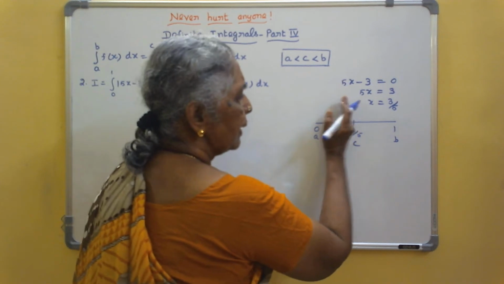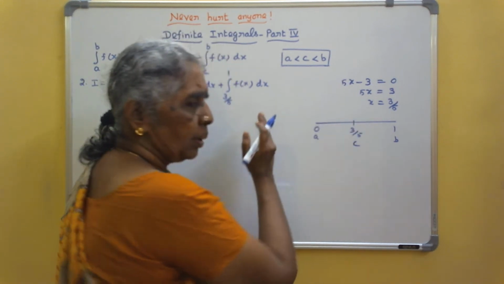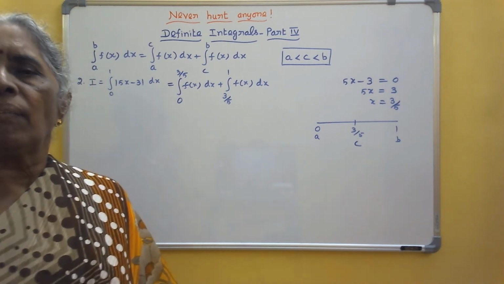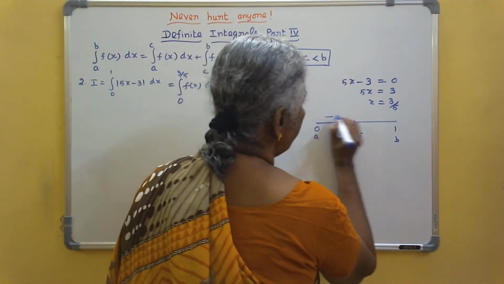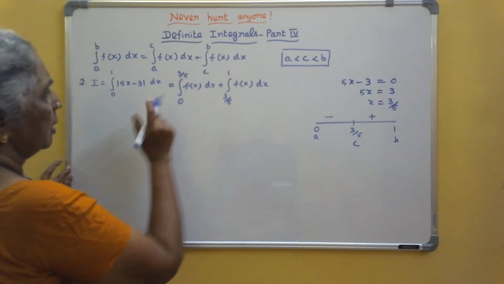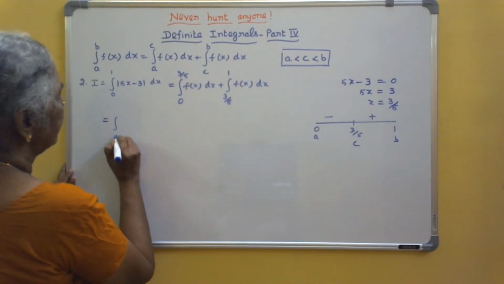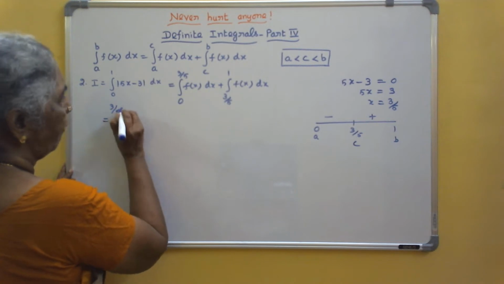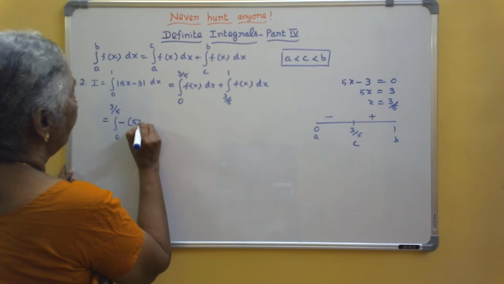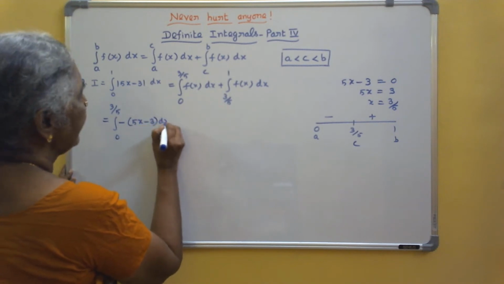So this is lesser. Always the left, to the left of c will be lesser, to the right of c will be greater. So this will be minus and this will be plus. So now coming here I will write, this is integral 0 to 3 by 5. That is, it is the lesser one, so negative 1 minus 5x minus 3 dx, okay?